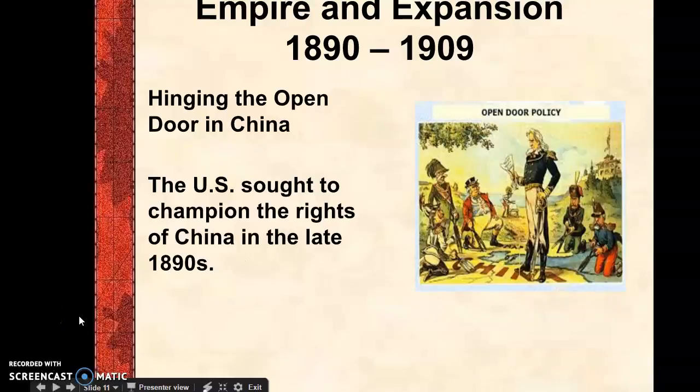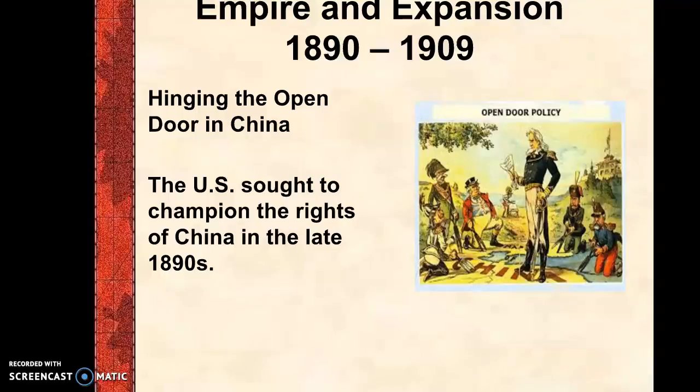Hinging the open door in China. The United States sought to champion the rights of China in the late 1890s. China was the target of a wave of European imperialism in the late 1800s.